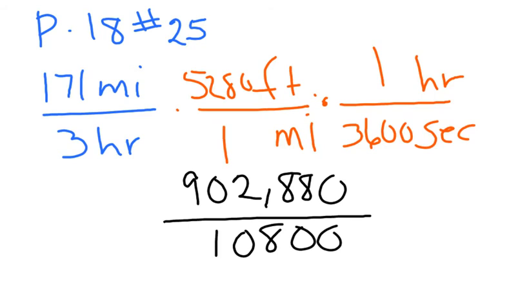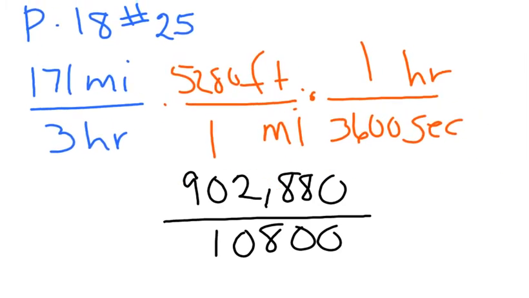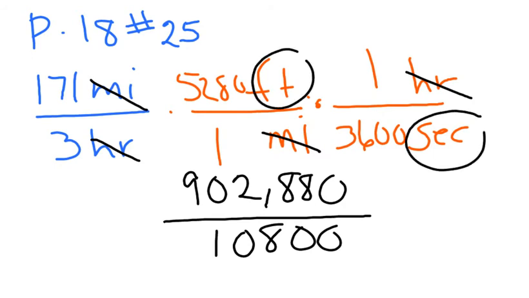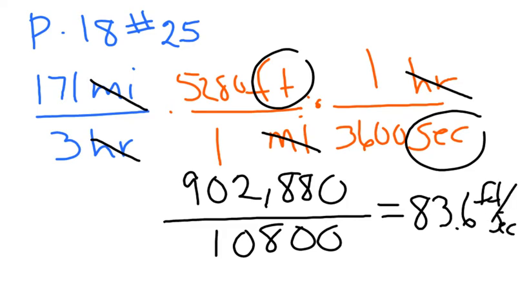Okay, now when I multiplied the top, I got 902,880. When I multiplied the bottom, I got 108,000. I know it's right because miles cancels with miles, hours cancels with hours. So that leaves me feet per second. When you divide them, then you get 83.6. And what's the label? Feet per second. That's the unit rate.